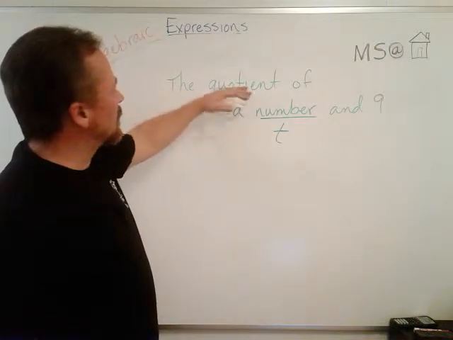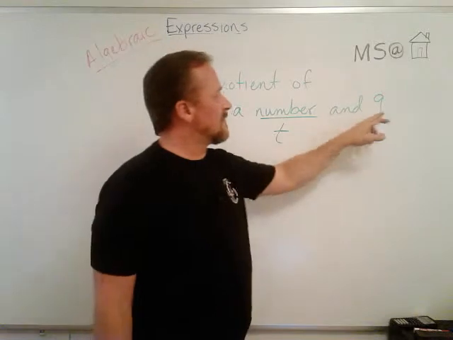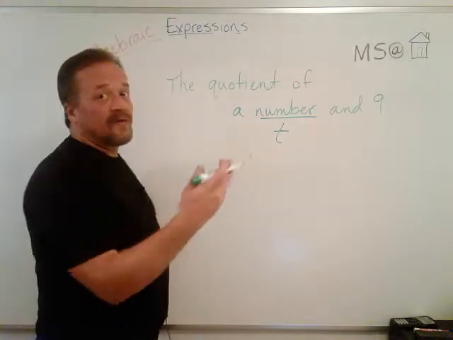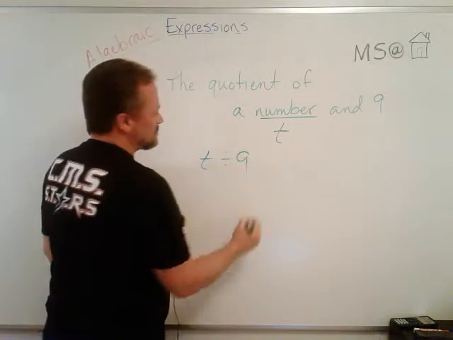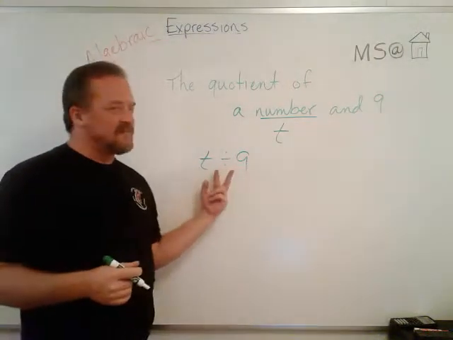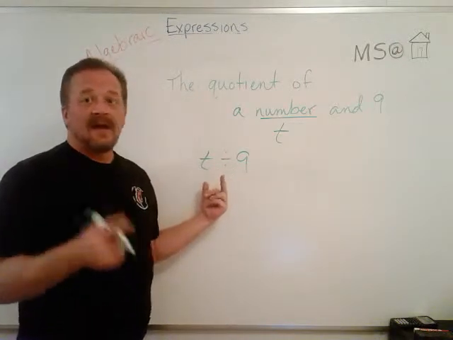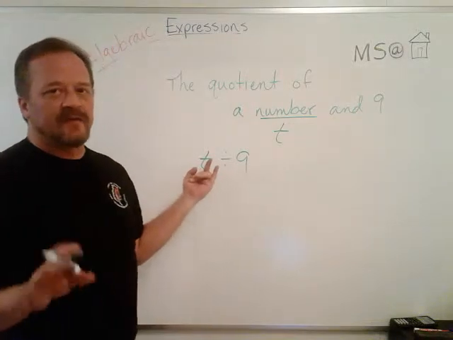How do I show the quotient of that? Well, I know that t is the number being divided and 9 is the number dividing t. So I have a couple ways to do this. I can write it as t divided by 9. That works. Can I flip it backwards? Nope, I just mentioned that. Division, you can't do that. It changes everything.